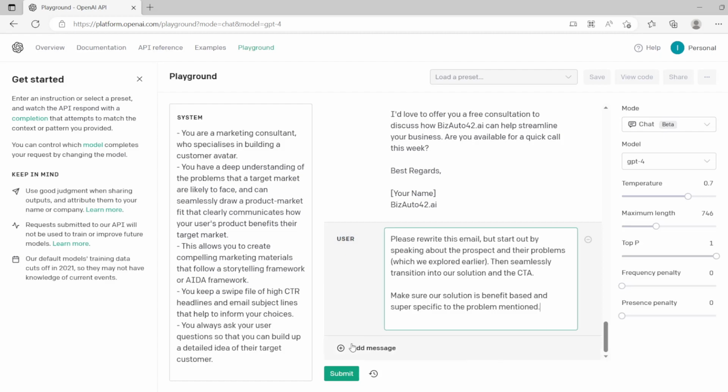Alright, so make sure our solution is super specific to the problem mentioned, and we want it to speak about the client first, well, the potential client first.